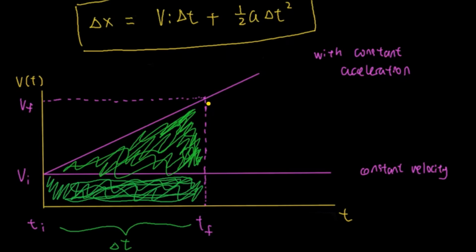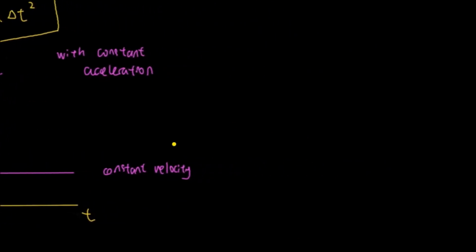Now think about this. What would be the area of this triangle here? We know that the base of this triangle is delta t. It's the length from t initial to t final. So we need to know the length of this height. What would that be? Since it's constant acceleration, assuming that on the first second you increase by 2 meters per second squared.